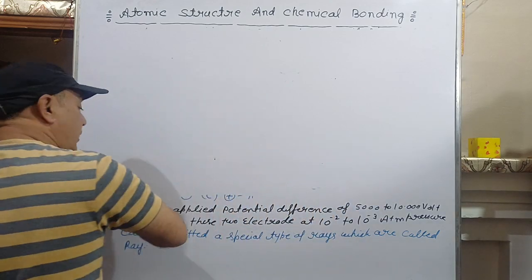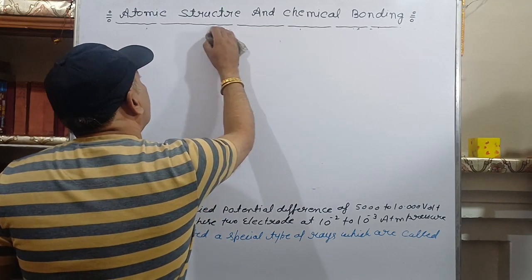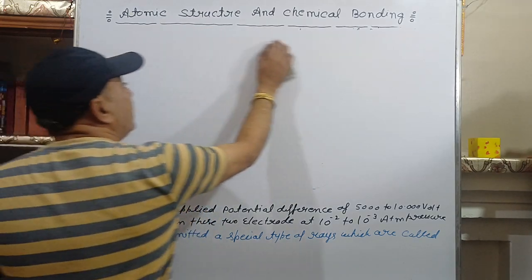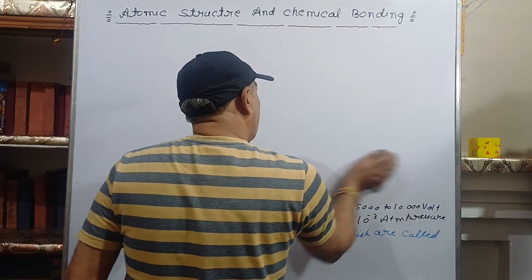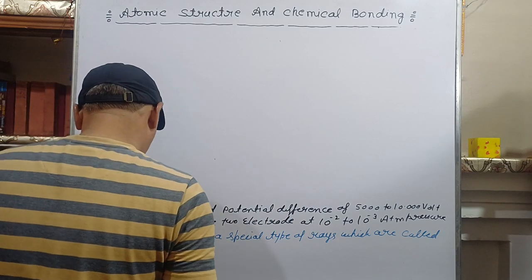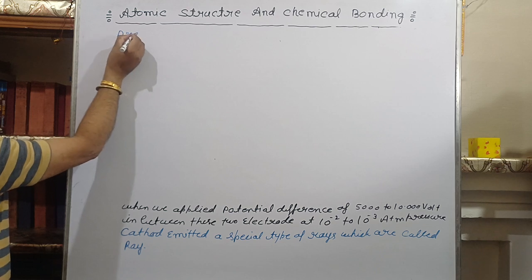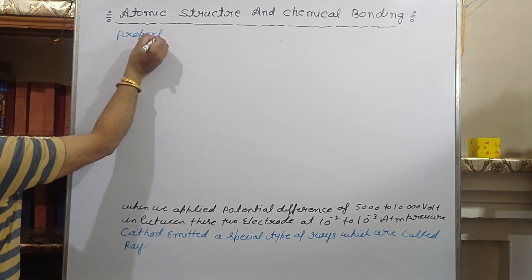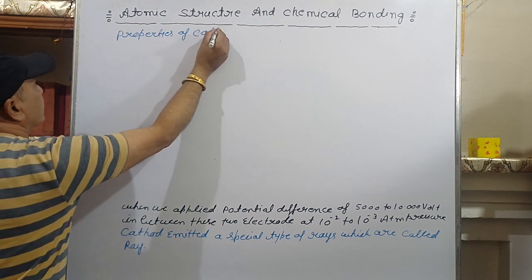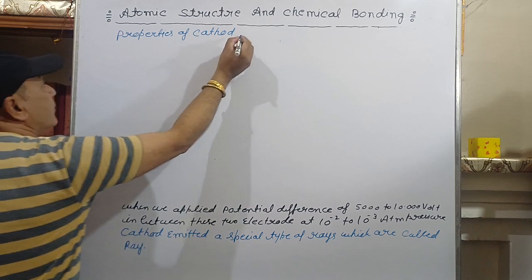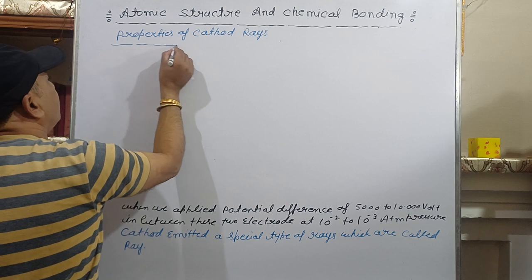It is very important that you draw diagrams when you mention the properties of cathode rays. These are very important.